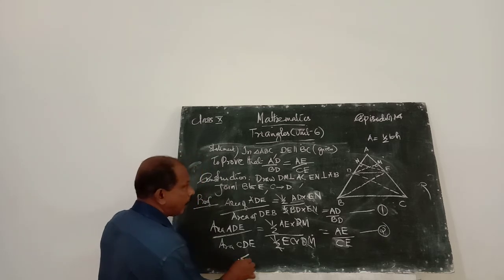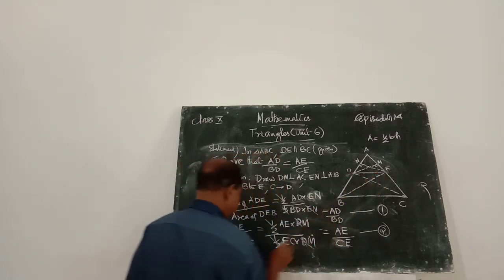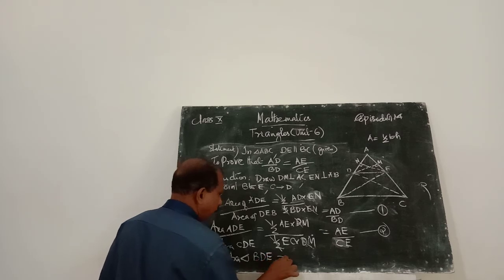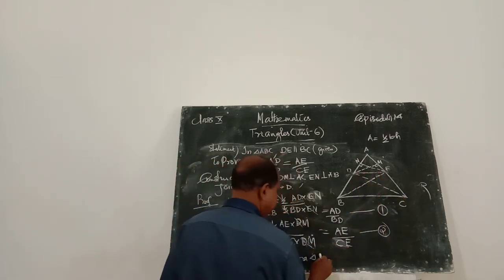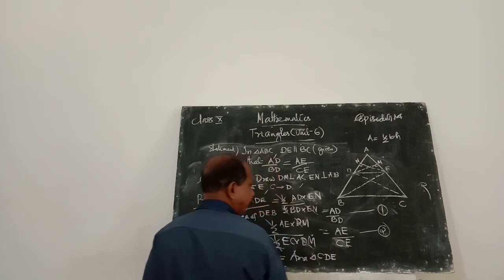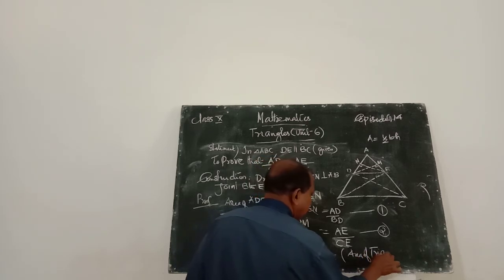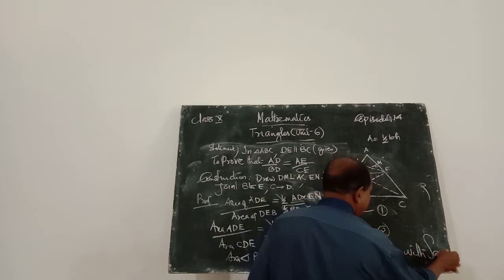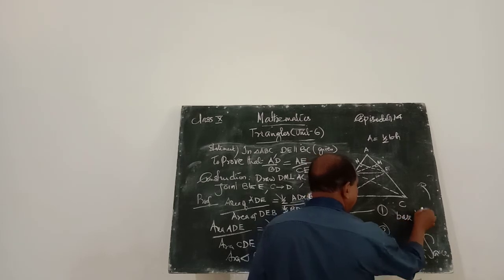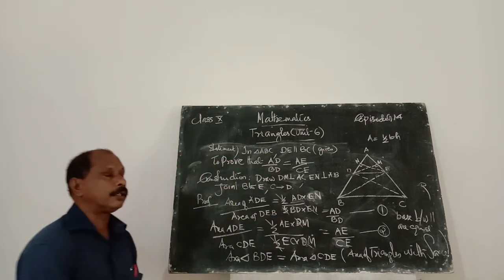That means area of triangle BDE is equal to area of triangle CDE. That is the reason for that.